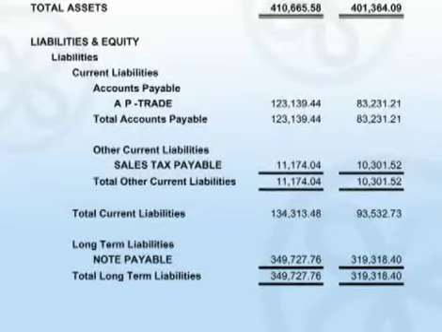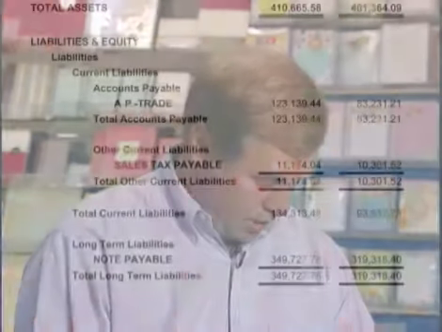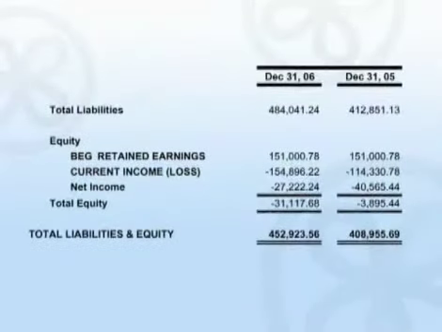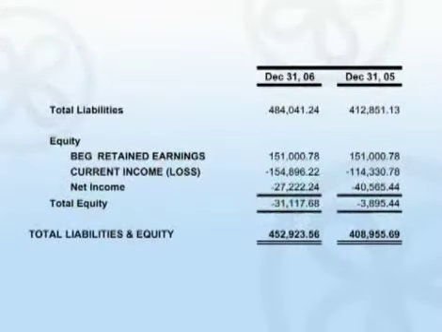Long-term liabilities, notes payable. You build a business, you remodel, you move to a new location. We did. It was $350,000. Then you get down to your equity area. Your equity area, beginning retained earnings. What do you really end up with at the end of the year? What do you really have in the business after your current assets and current liabilities? And we had $151,000.